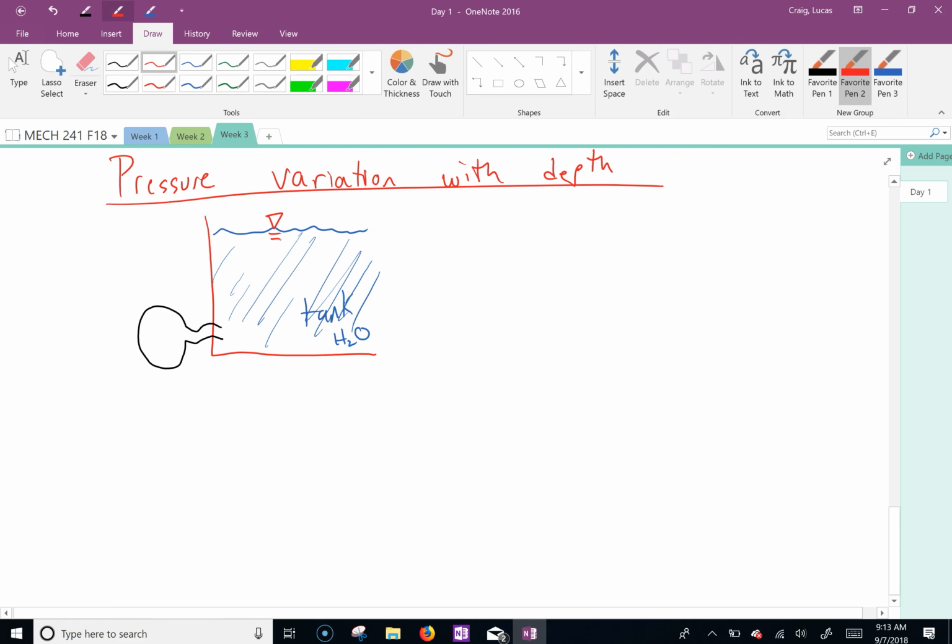So in order to find the pressure, say we wanted to find this bottom pressure, which I'm going to call PB. So PB, bottom pressure, equals the top pressure plus rho g h.